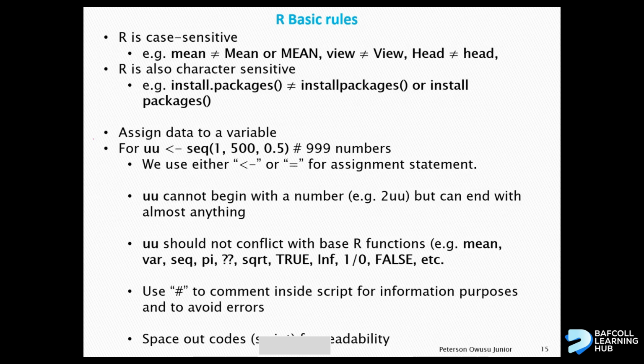You just put a hash sign on it to comment it out, so that you don't get unnecessary outputs or you don't get errors for running lines that are not code. And for purposes of being able to look at your code or sharing with someone so that it makes sense, comments are very important. And spacing out your code is also very important, for replication purposes, always to make your code very readable. One of them is to space them out.